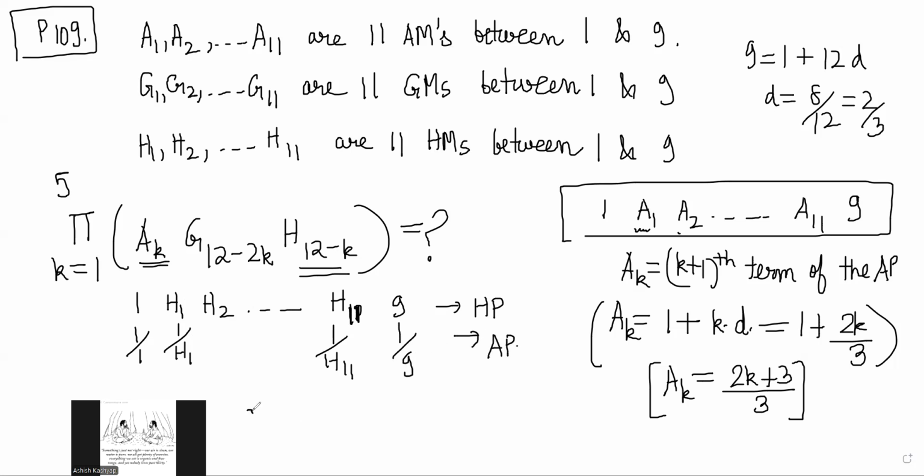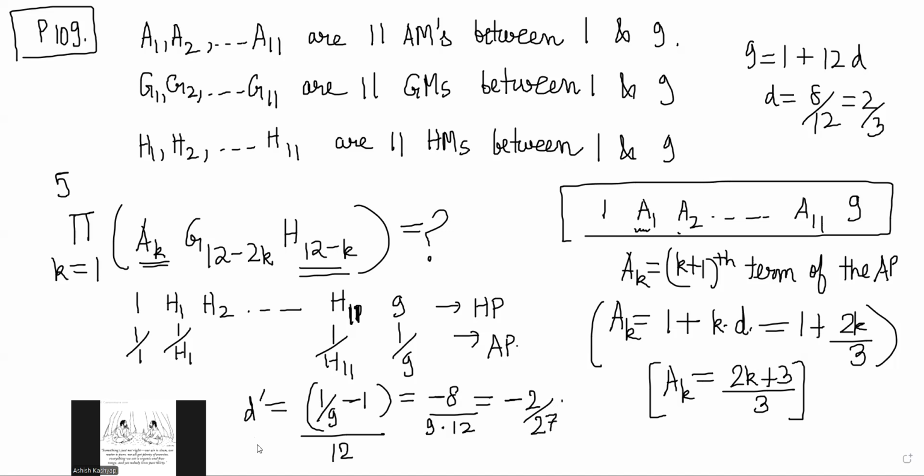So the common difference D dash here would be 1 by 9 minus 1, whole thing divided by 12. Again, there are 13 terms. So this becomes minus 8 by 9 by 12. So this becomes 2 by 3 and this becomes minus 2 by 27. So this is the common difference of the AP of reciprocals.